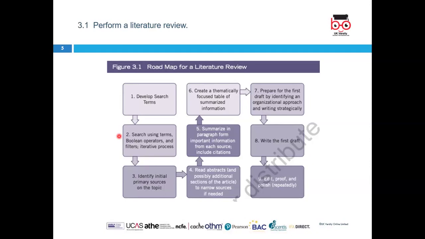These are three Boolean terms that are frequently used. So you want to see, for instance, all the literature that has been published on amoxicillin and antibiotic resistance. It will give you all literature on amoxicillin and whatever literature is there on antibiotic resistance.